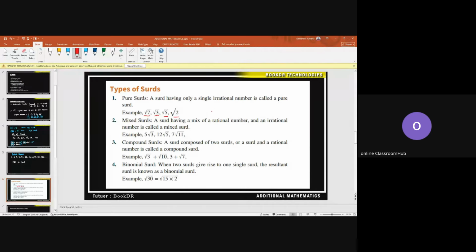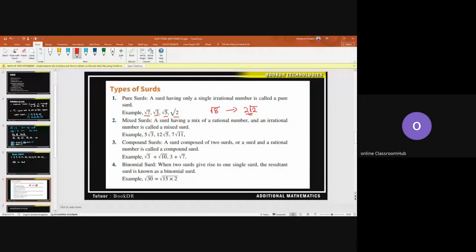The square root of 8 is not a pure set because when we come to simplification, you will understand, the square root of 8 will yield, when you simplify, 2 root 2. So it's not a pure set. It belongs to another category. All these sets cannot be simplified further, but root 8 can be simplified further into this form.